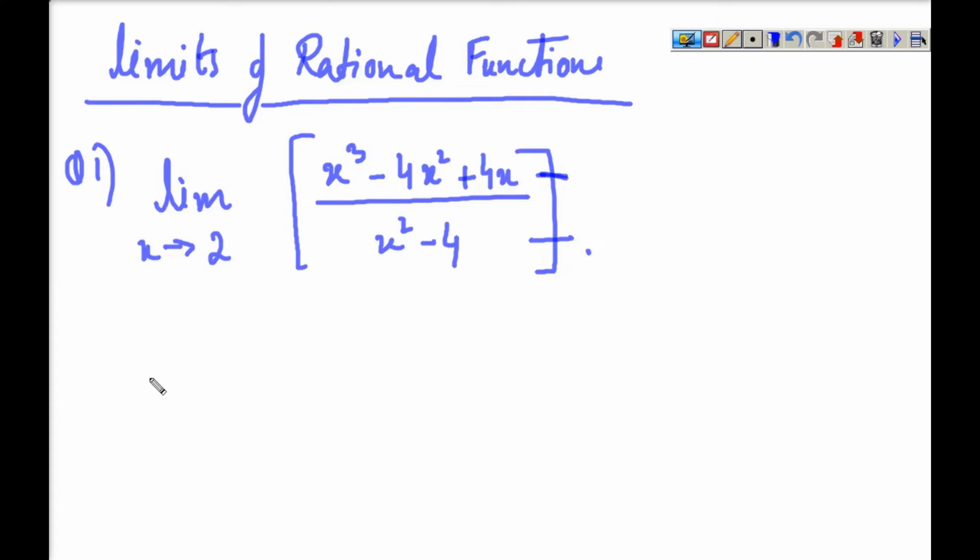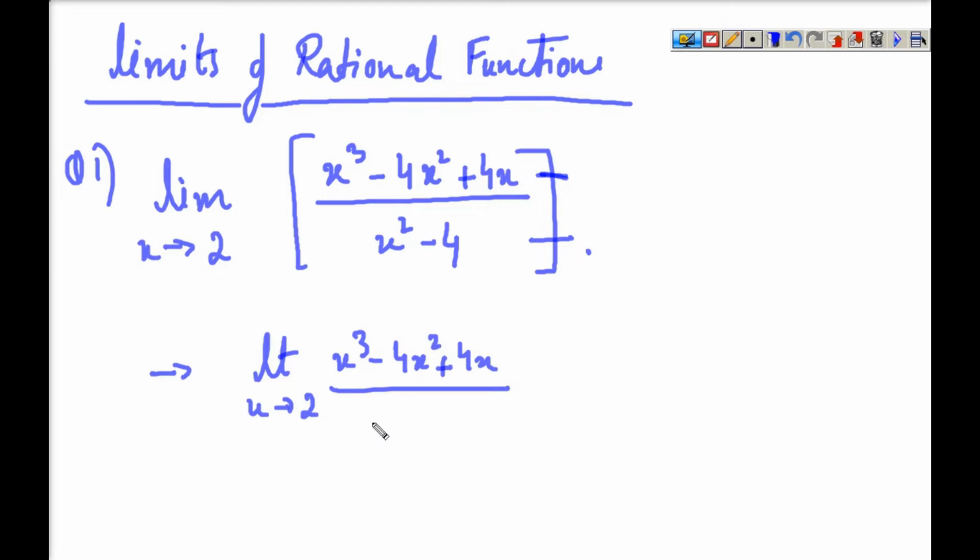So this can be written as the limit as x approaches 2 of x cube minus 4x square plus 4x, divided by another limit as x approaches 2 of x square minus 4.